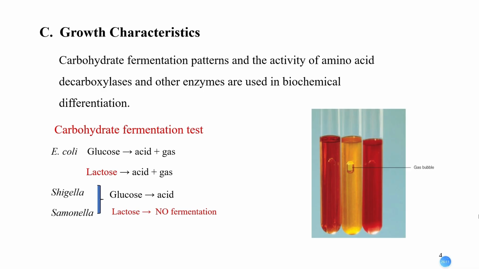And within this big family, if you compare their capability to hydrolyze sugar molecules, the carbohydrate molecules, they are different. So based on this information, we can tell some difference. This is the carbohydrate fermentation experiment. So how is this experiment carried out?